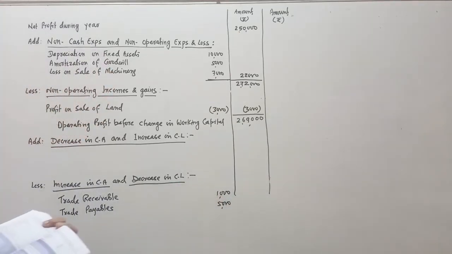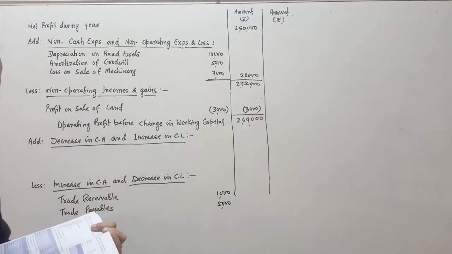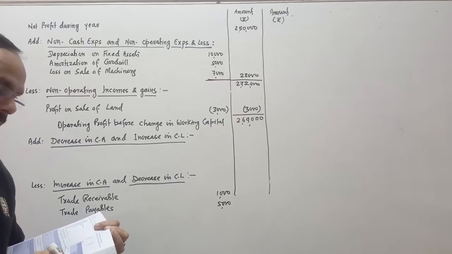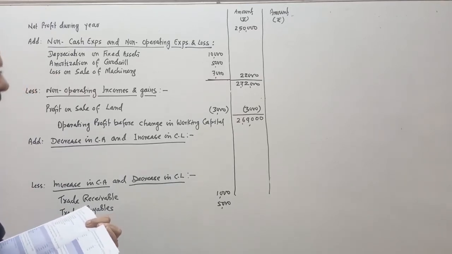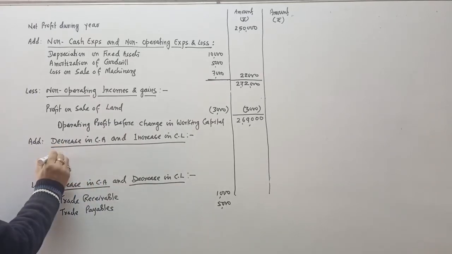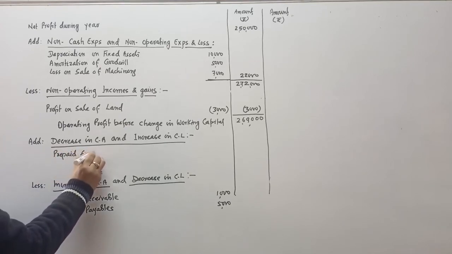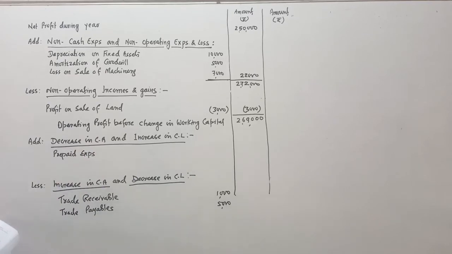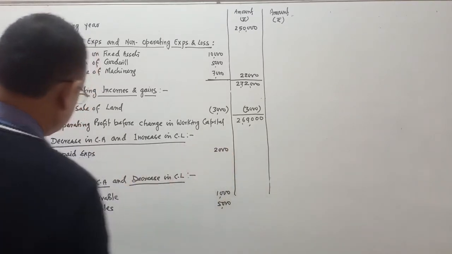Next is prepaid expenses, means expenses paid in advance. It's a current asset. Last year it was 6,000 and this year it is 4,000. It is decreased by 2,000, a decrease in current assets, so we will do the addition.